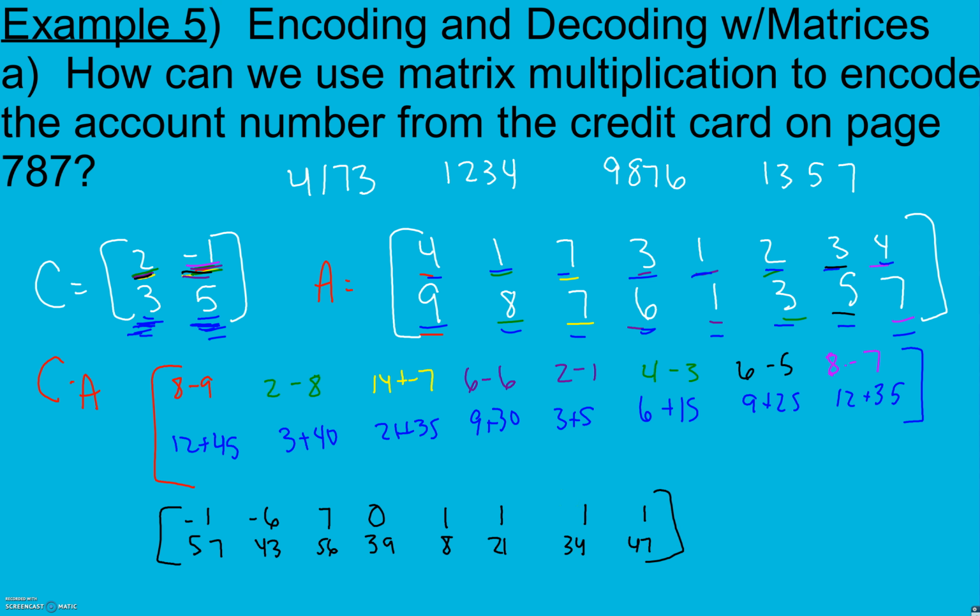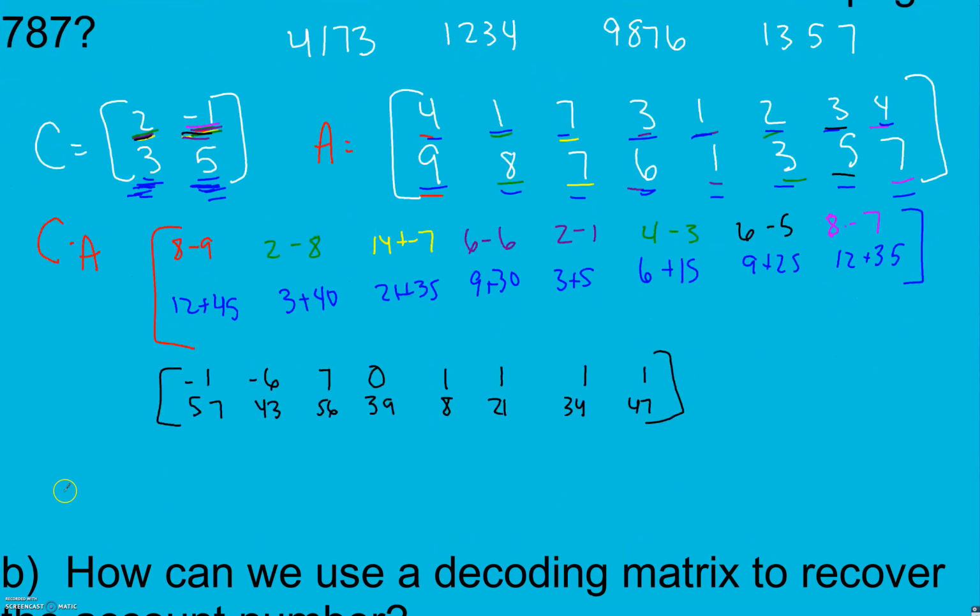So our new card number based on this encryption would be -1, -6, 7, 0, 1, 1, 1, 1, 57, 43, 56, 39, 8, 21, 34, 47, which looks like a hot mess. It doesn't look like an actual number of a card, but with this encryption, without knowing what the matrix is, you can't get back to where you started.